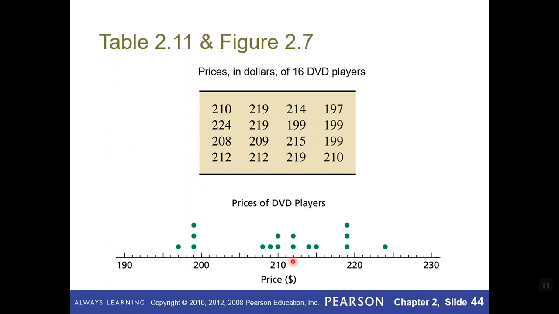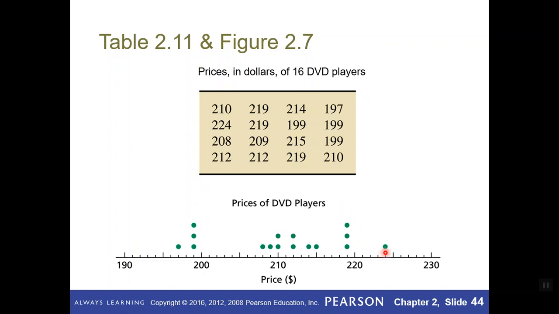212 again, 10, 12. 212 is here. You can see here 219. Okay, 219 is here. Another 219 here. See, another one. So it goes up here. If you have another 219, it goes here. Something like this. You can stack them on top of the previous one.